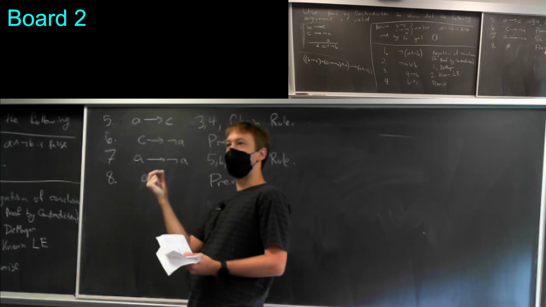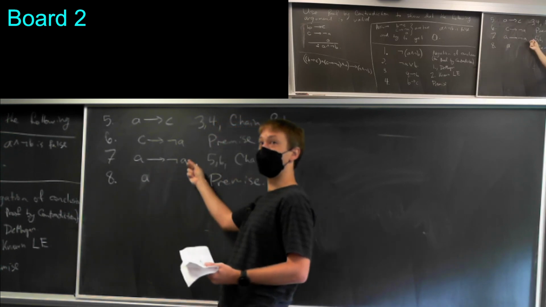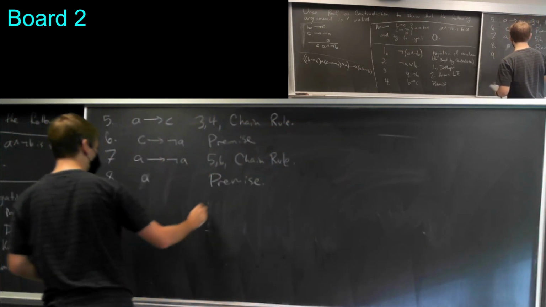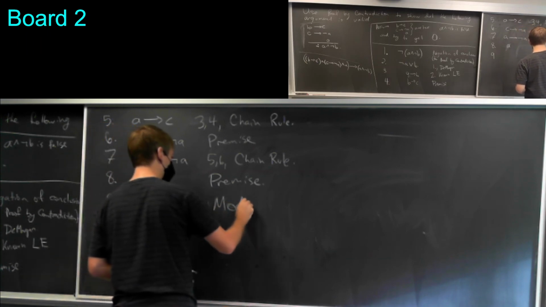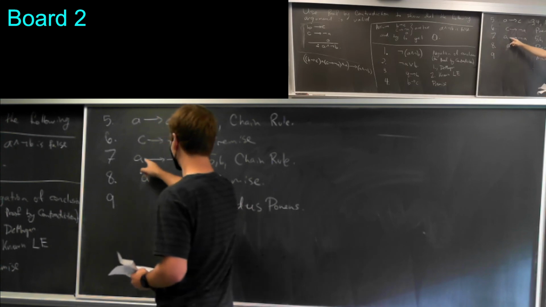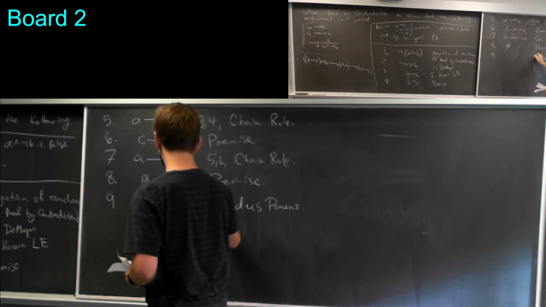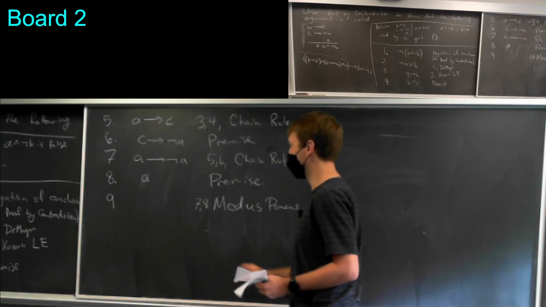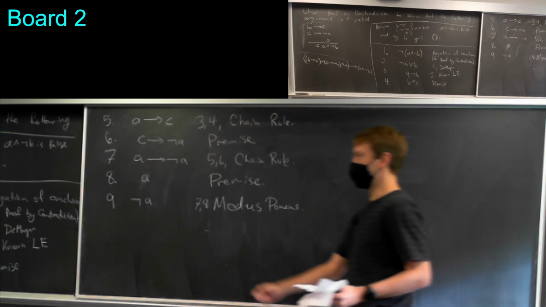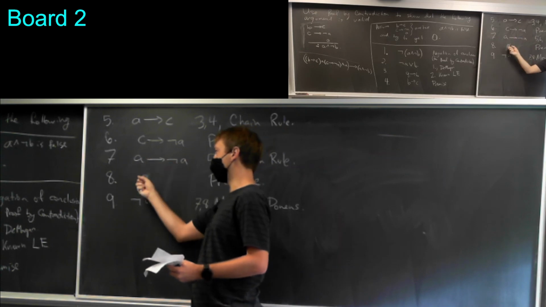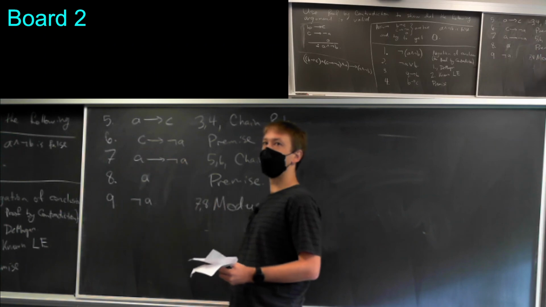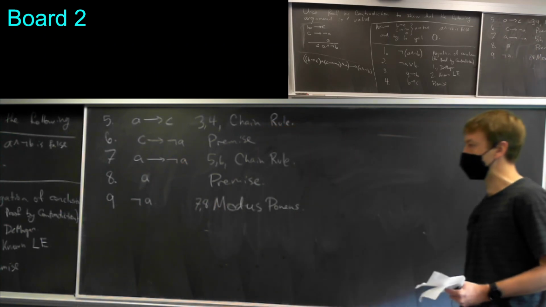How do I put that together to get the conclusion? There's this rule which is hard to remember the name of. Do you remember modus ponens? That's what I want to use. I want to use 7 and 8 and modus ponens, which will tell me not A, because it says I've got an implication, I've got the first part of the implication, therefore the second part is also true. That's how modus ponens works.